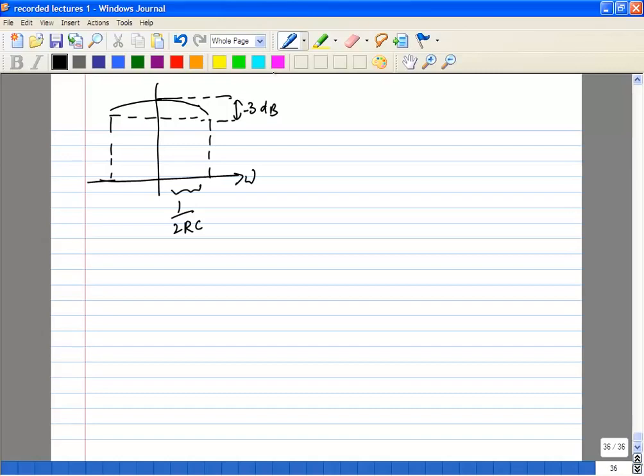Okay, and by symmetry we know this is also 1 over 2RC. So total bandwidth is 1 over RC, and let's look at what is omega naught over bandwidth.